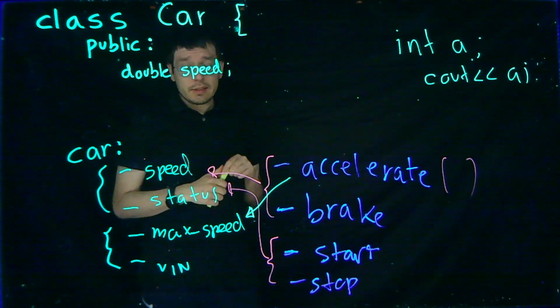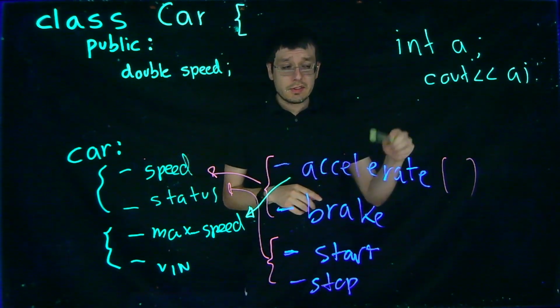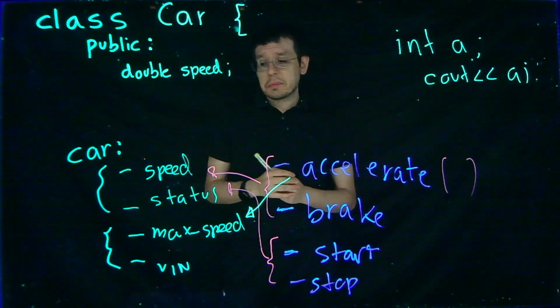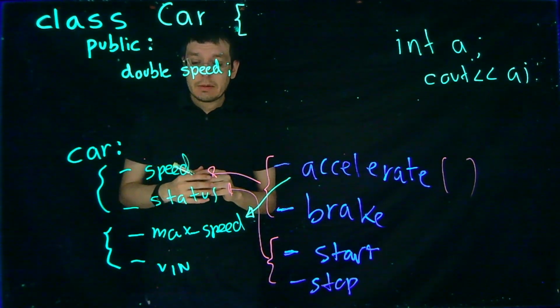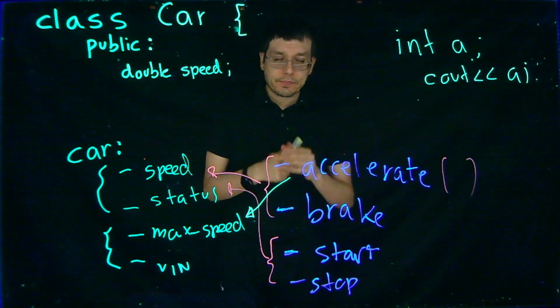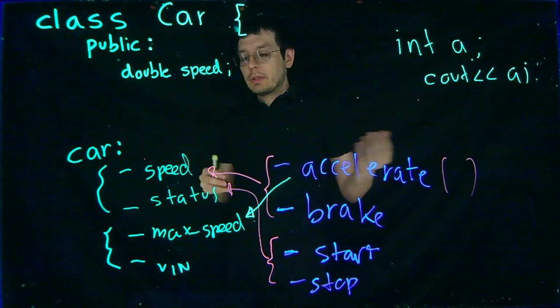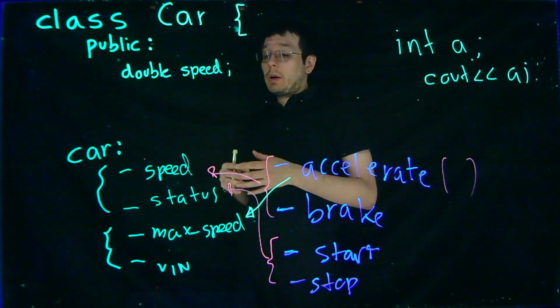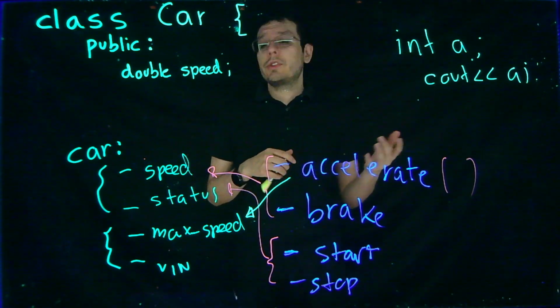Because technically speaking, the people that develop C++ said that when you're allocating this piece of memory, and we will learn about memory in a couple of weeks, you are basically saying, yo, operating system, give me a spot in your memory that can store an integer.